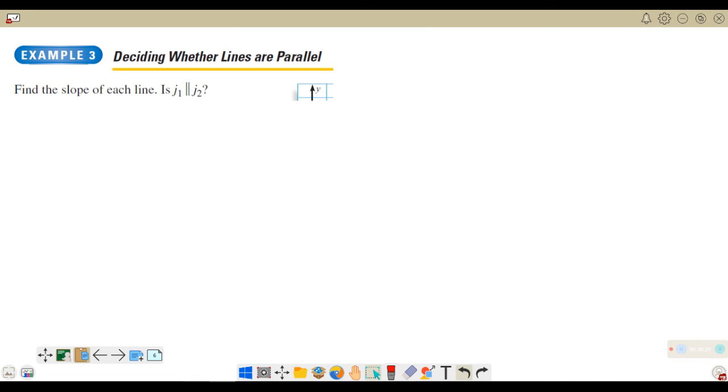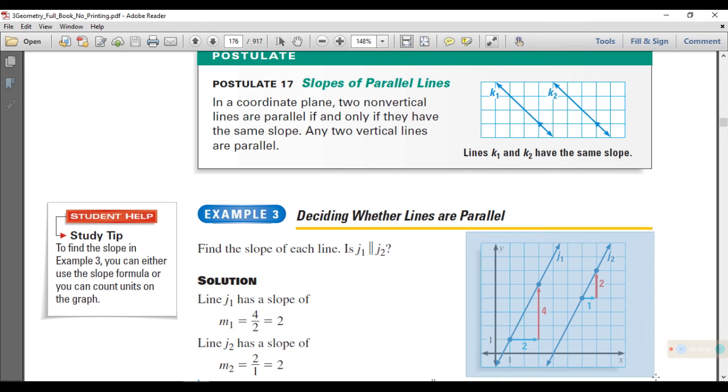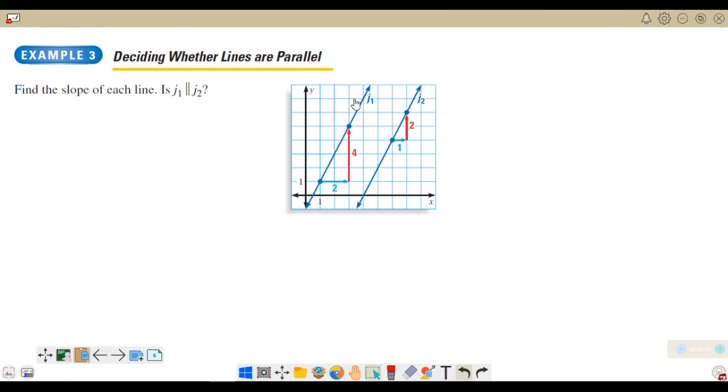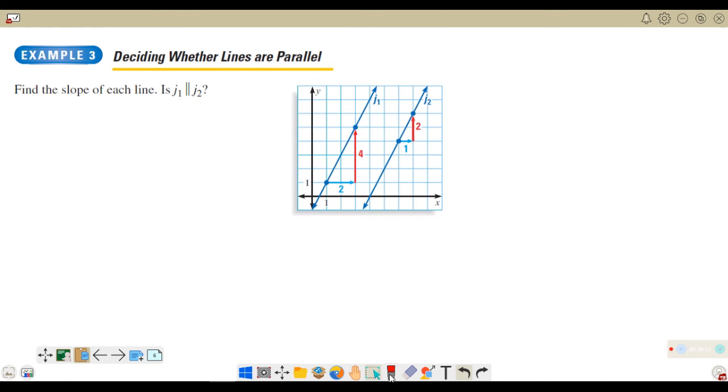Let's look at the graph. Okay. Punta muna tayo sa slope ng J sub 1.